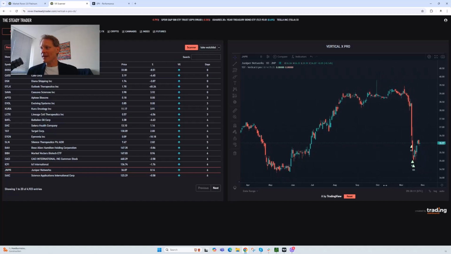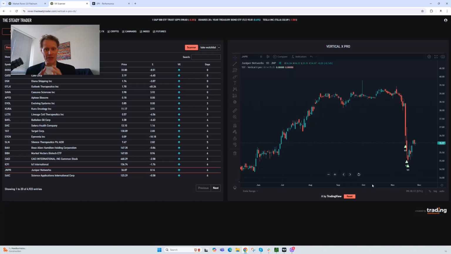And one way that I like to take advantage of these opportunities is by looking for extremities of moves, extreme overbought and extreme oversold situations. And we like to use our Vertical X Pro indicator for that. So here, for example, you can see Juniper Networks.